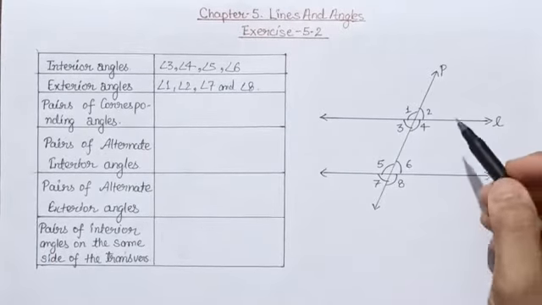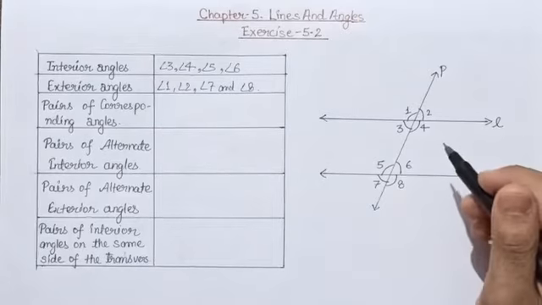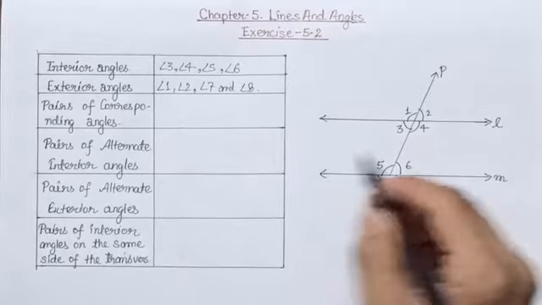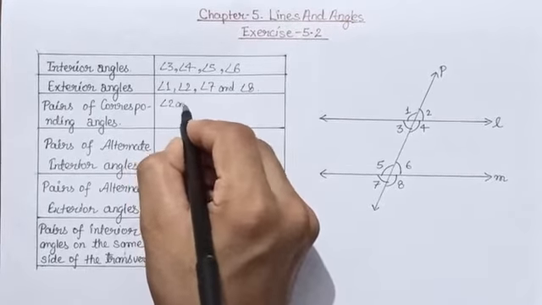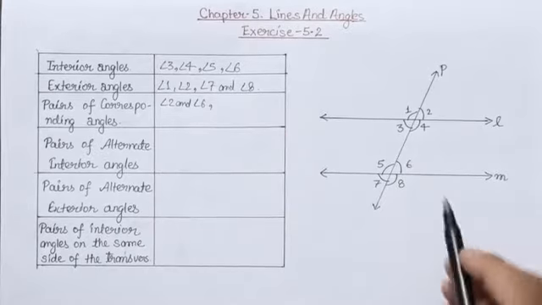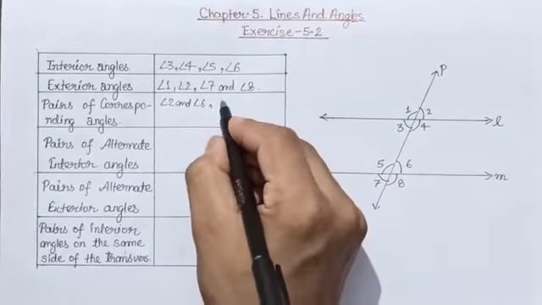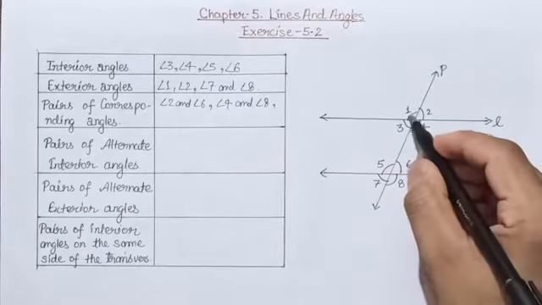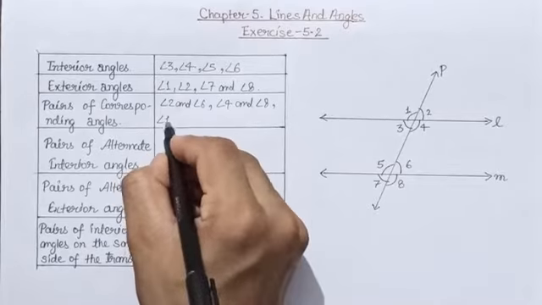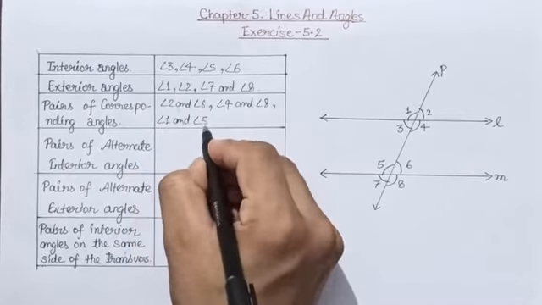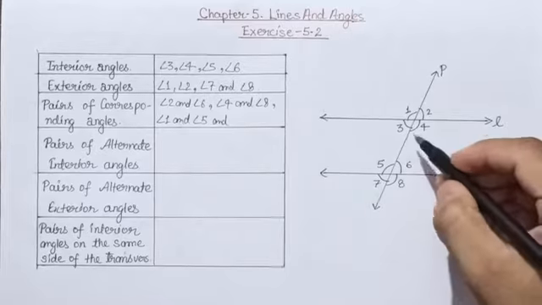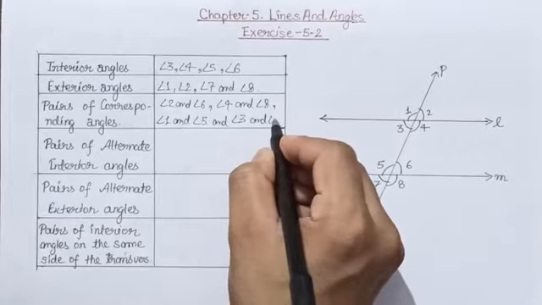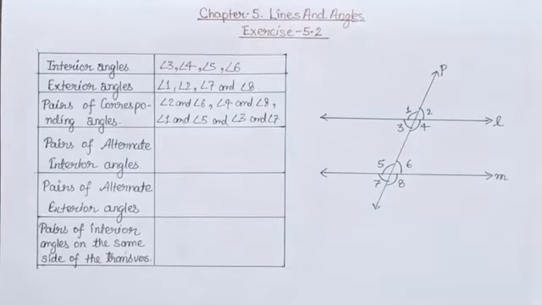In this way we have explained that when a transversal cuts two lines, then there are 4 pairs of corresponding angles, which are angle 2 and angle 6, first pair; angle 4 and angle 8, second pair; third pair is angle 1 and angle 5; and last pair is angle 3 and angle 7. So these are the 4 pairs of corresponding angles.